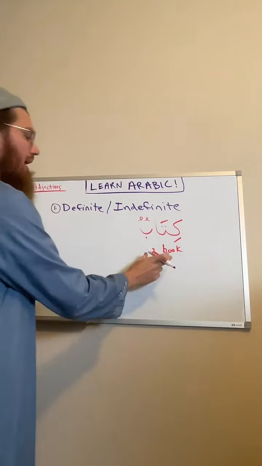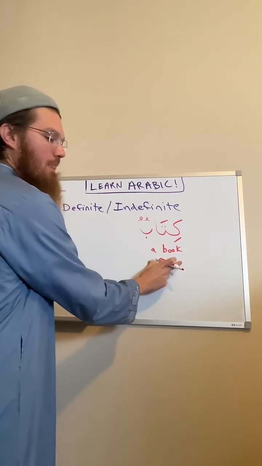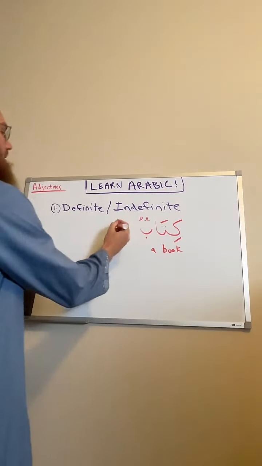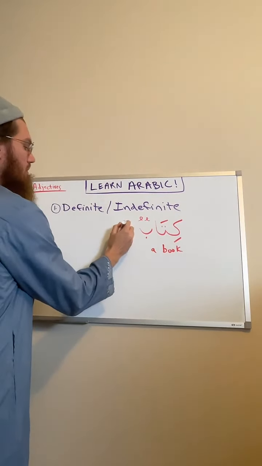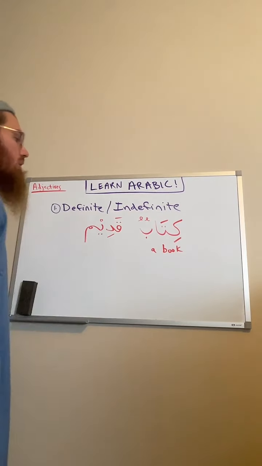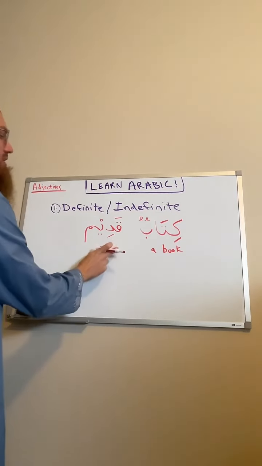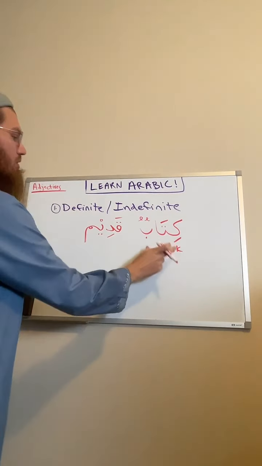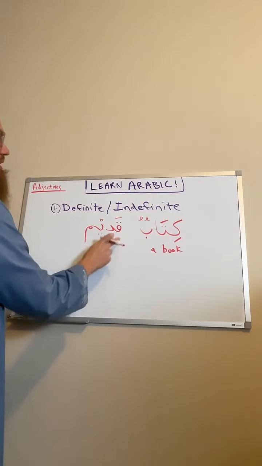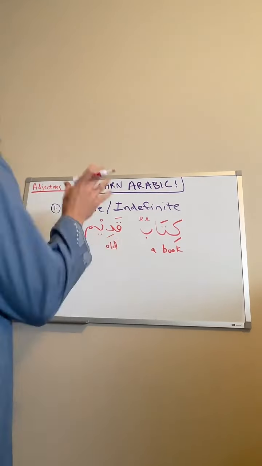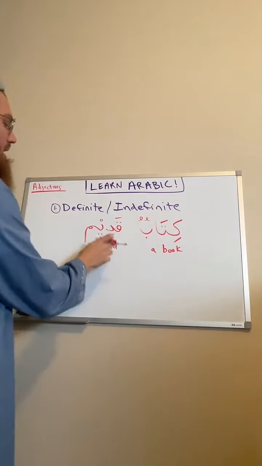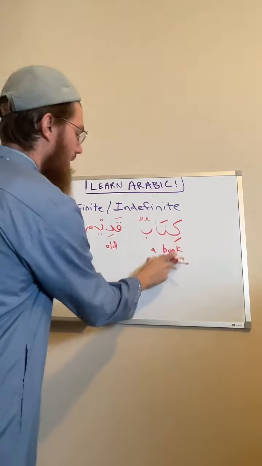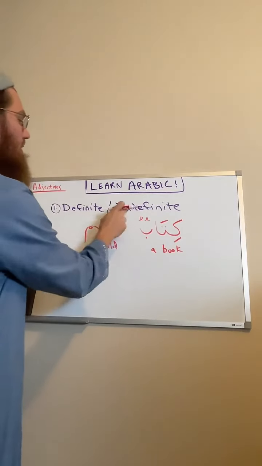If I want to describe a book as being old, then first let me take the word for old, which is qadim. As we mentioned, the adjective in Arabic is going to come after what it's describing, right? So we want to describe the book as being old. Qadim means old. Now we want to focus on the need for this description to match what it's describing in terms of being definite or indefinite.